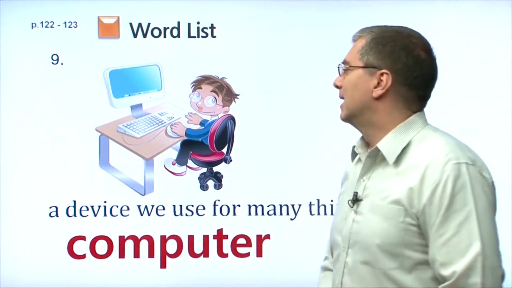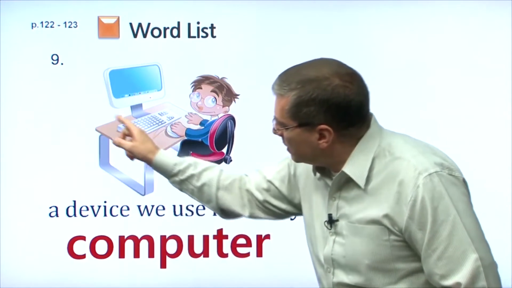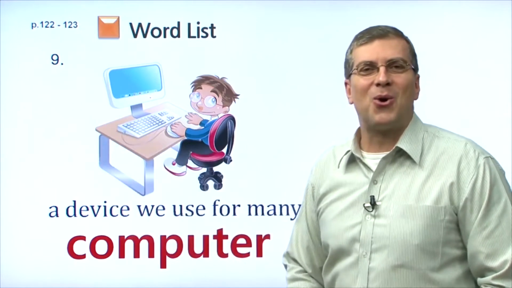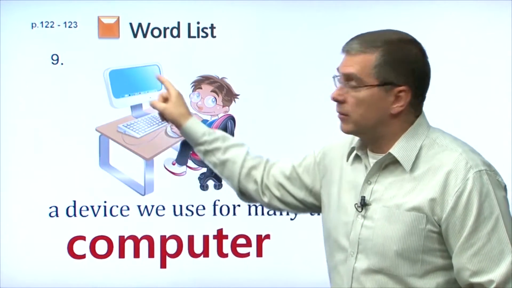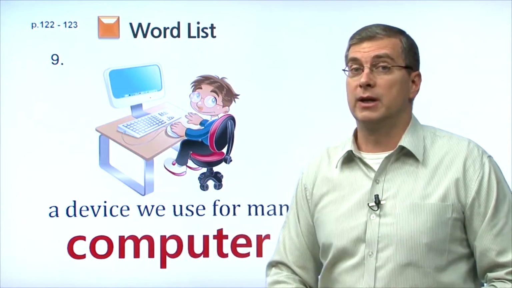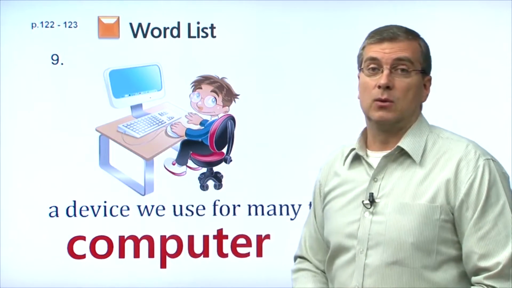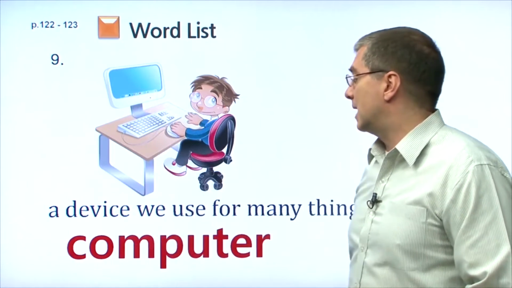Of course you know that. That's an easy one. So this boy is using a computer. We don't see the cord, but of course there's probably a cord that the electricity is coming into. And this is one example of many devices we use with electricity. We need electricity to use these devices. So this is a computer.